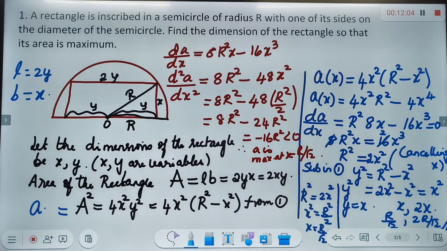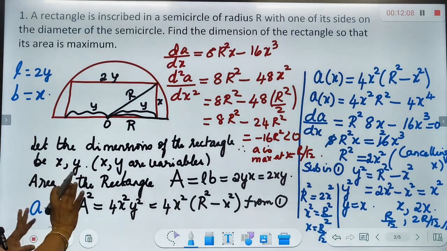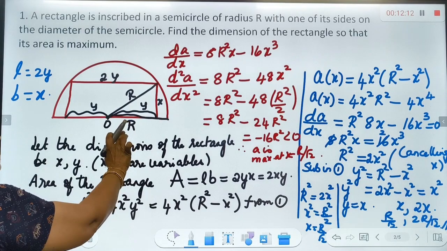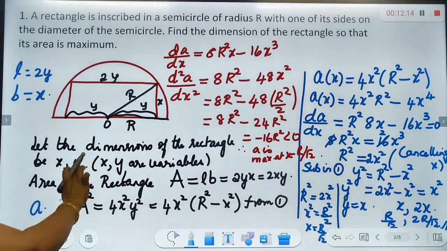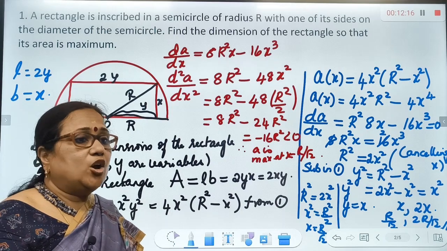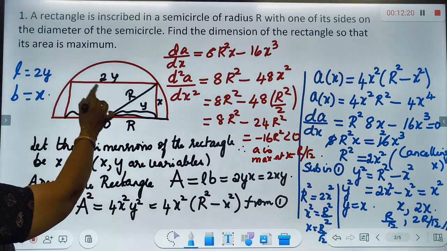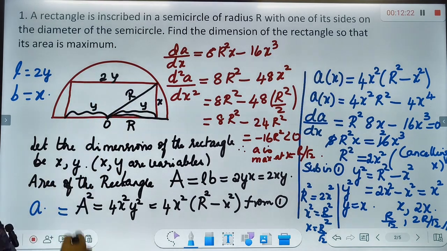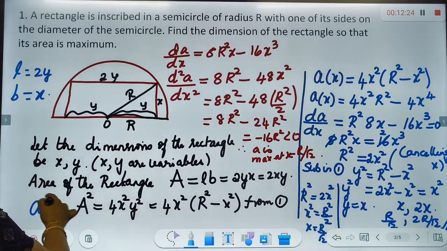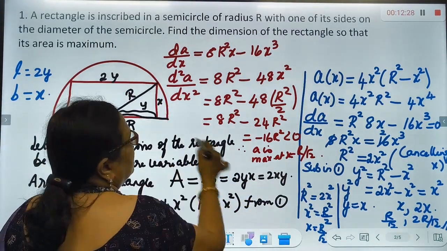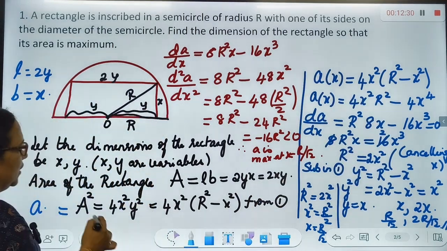So is it clear? So what is the algorithm that we are following? First, understand what is a constant and what is a variable. Here capital R is a constant. X and Y are variables. We are maximizing the area of the rectangle. So what will be the dimensions of the rectangle? X and 2y. So A equal to 2y into x, which I am writing as 2xy.